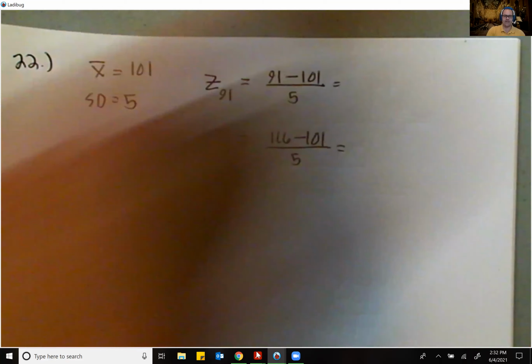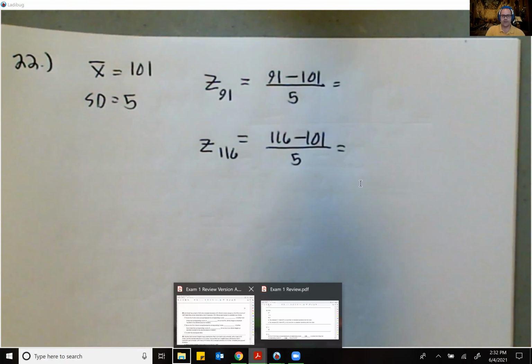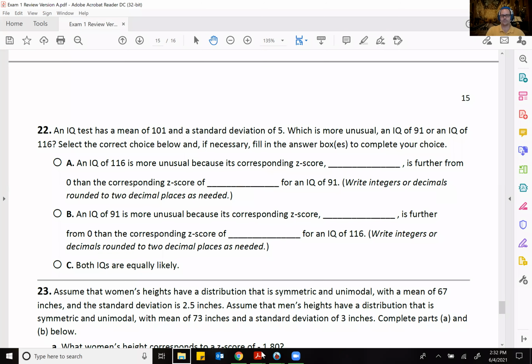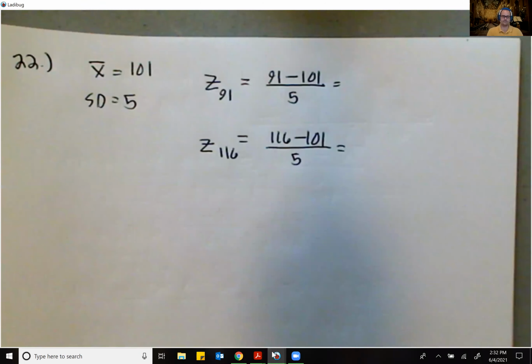And they do say, in the fine print, write integers or decimals rounded to 2 decimal places. Okay, so if you do any rounding, you round to 2 decimal places. So what is the z-score for 91? -2.